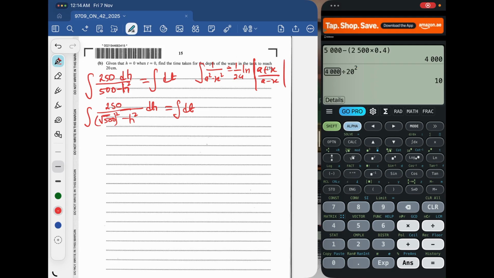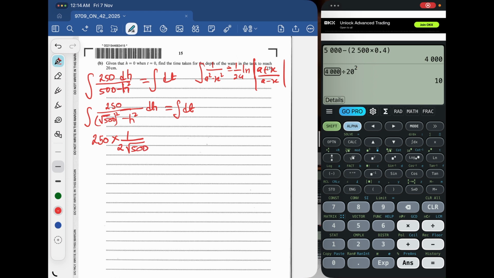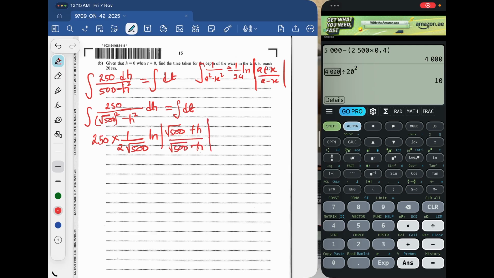So this will now be, 250 is a constant, times 1 over 2a, so 2 times the square root of 500, ln (people call it ln, doesn't matter) of square root of 500 plus h over square root of 500 minus h, equals t plus c.